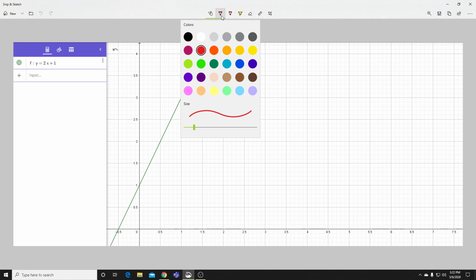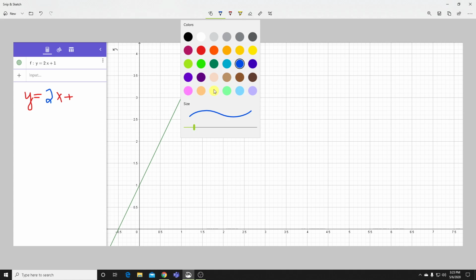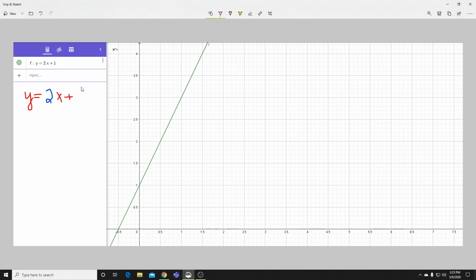So in this case, we have y is equal to 2x. I'm going to fill in the numbers in a second. So let's do blue. Blue will be our slope here. Let's use pink for our y-intercept.